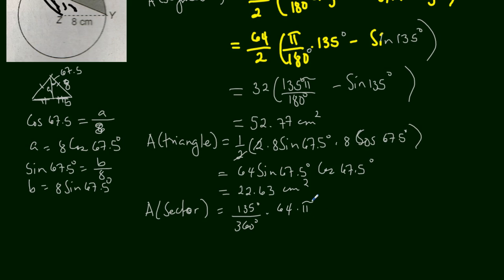So we have 135 divided by 360 times 64, and we have 24. We have 24 pi square centimeter.